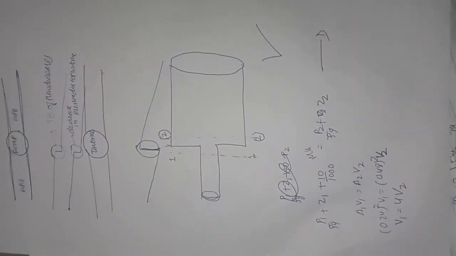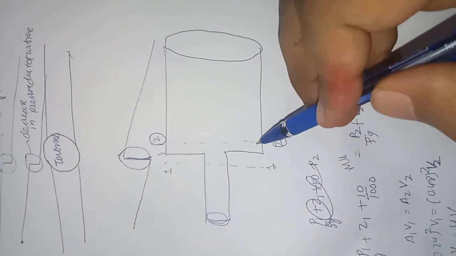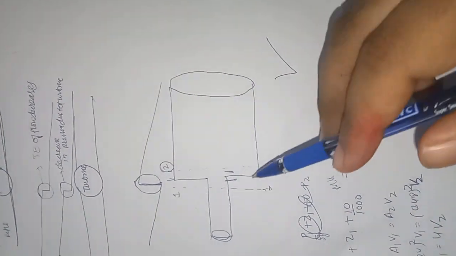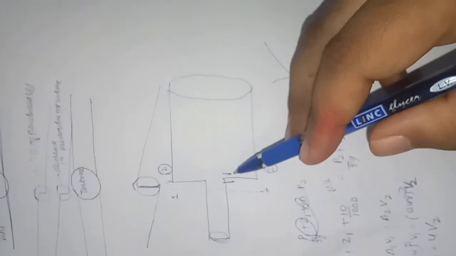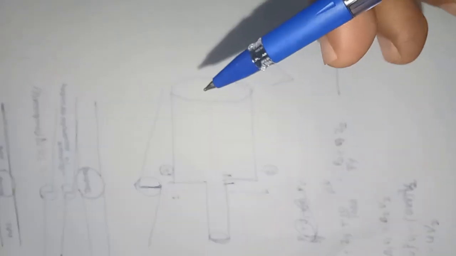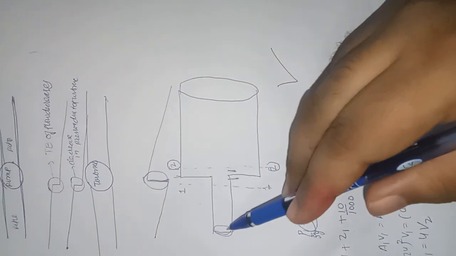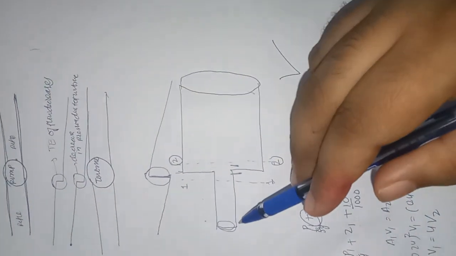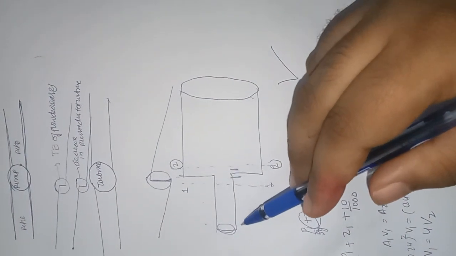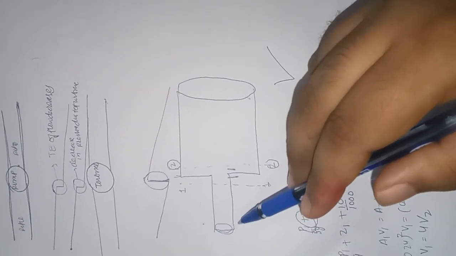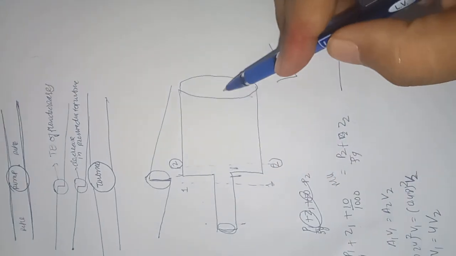Now apply the Bernoulli equation between 1 and 2. These are very adjacent points, and between 1 and 2 the Bernoulli equation states the energy difference between the two points: P1 by rho g plus V1 square by 2g plus Z1 equals P2 by rho g plus V2 square by 2g plus Z2 plus the head loss.